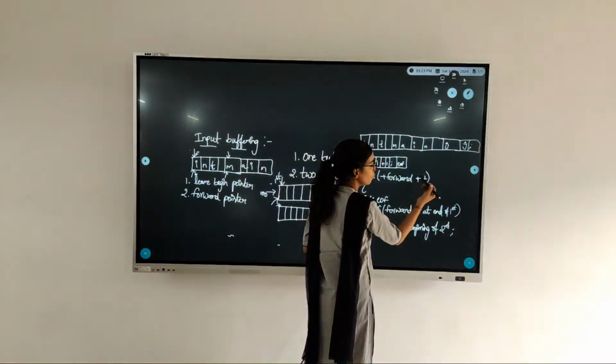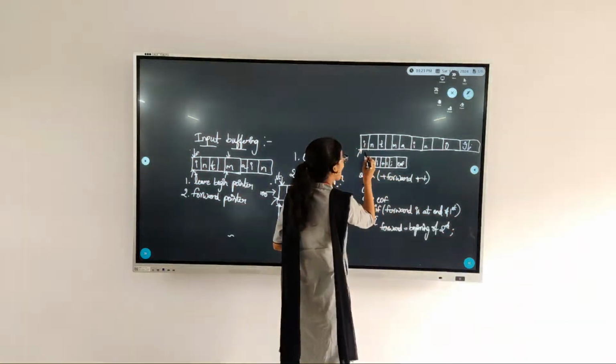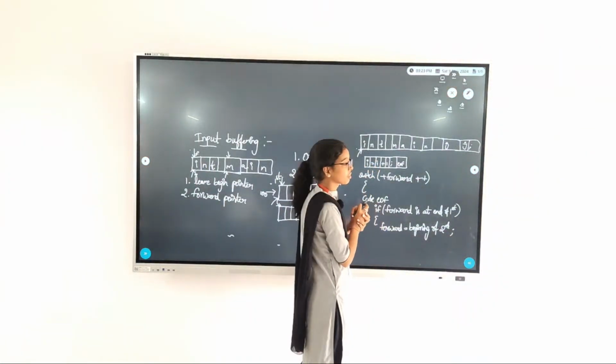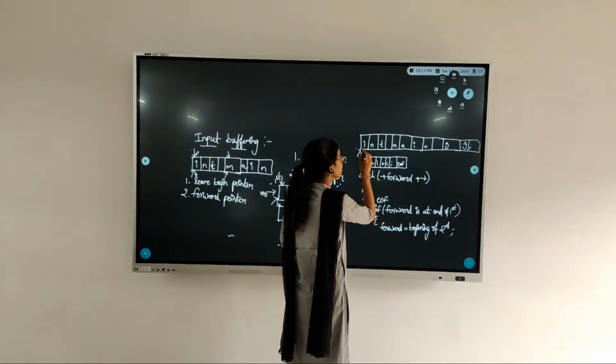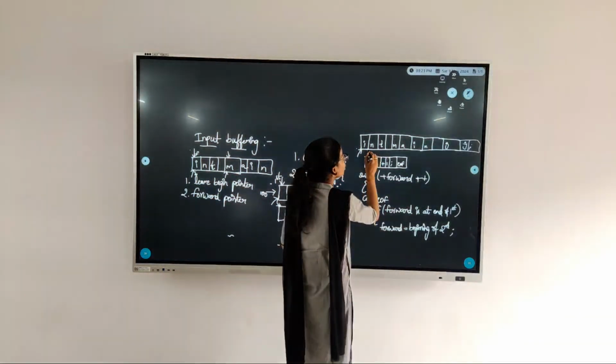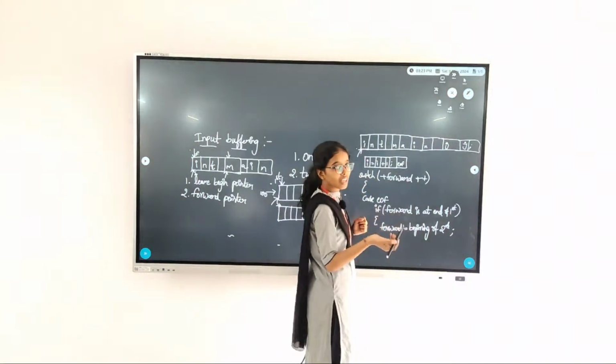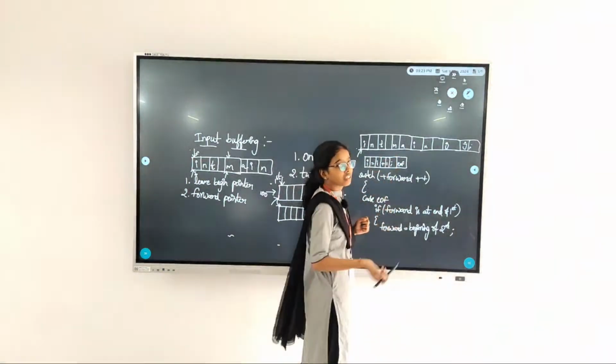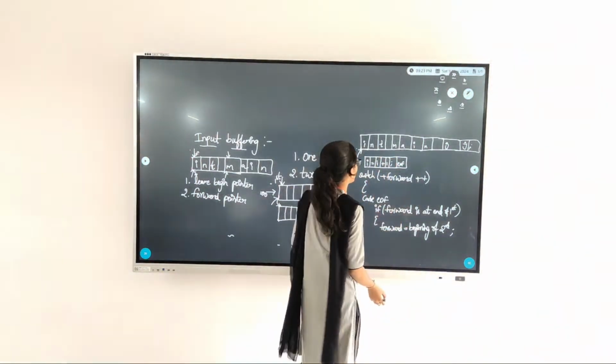I want to move one step forward after the completion of reading the first character. So whenever reading the character I is completed, it will go to the next one, which is N, and then T. Likewise, it will happen for everything.